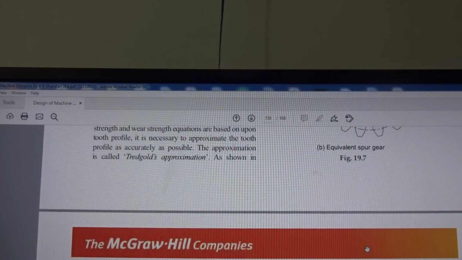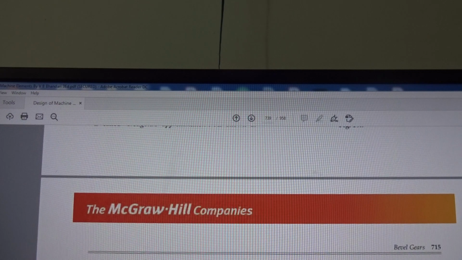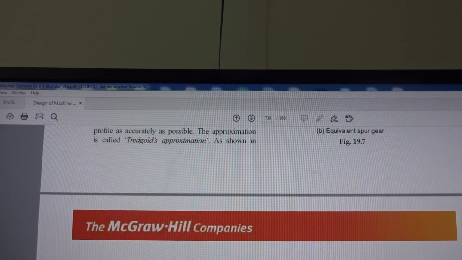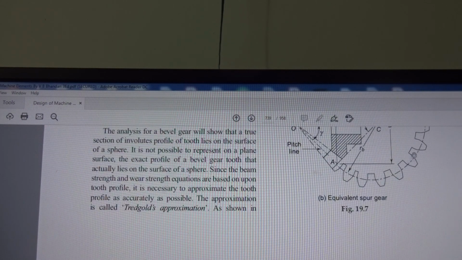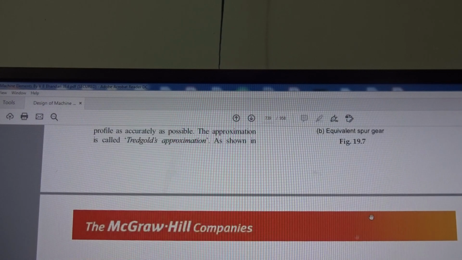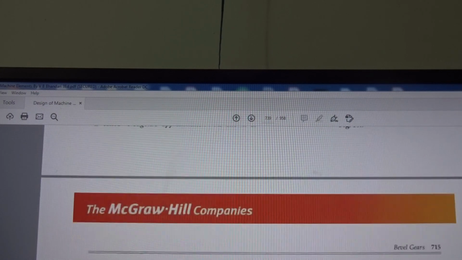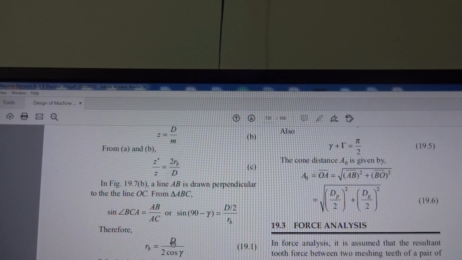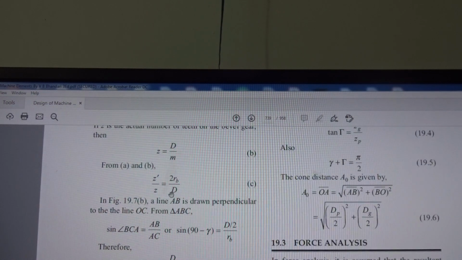So the virtual number of teeth Z dash is equal to 2RB divided by module. So Z dash by Z is equal to 2RB by D.